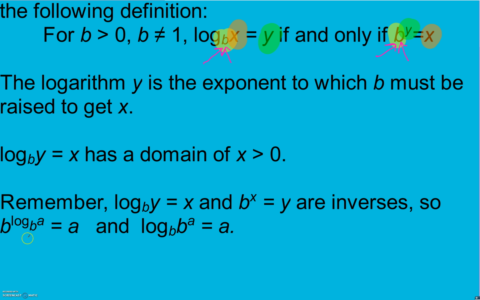So since these are inverses, if we plug one into the other, we get our x value. Same thing here. If we plug b to the a power in for x, we get a, get that x value.